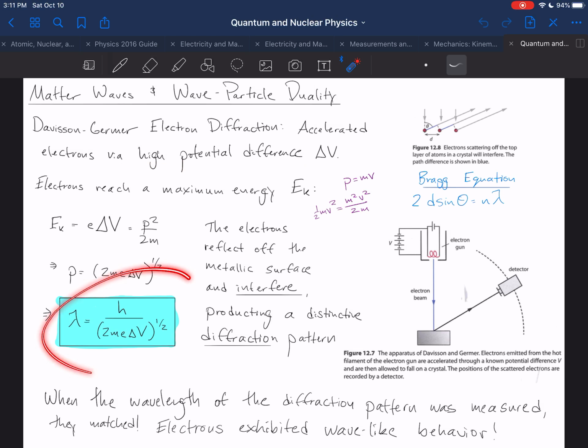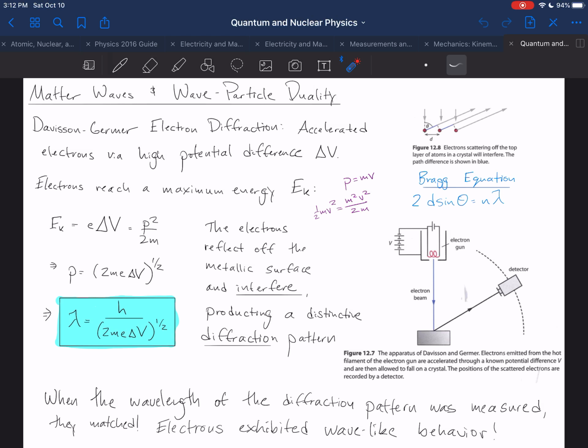You can then run it through the de Broglie hypothesis, and you discover that the wavelength that you measure with the Bragg equation is exactly the wavelength you would predict using the de Broglie hypothesis, knowing what the momentum of those electrons is. That is absolutely crazy. That is the smoking gun, and there is now incredibly good evidence for matter waves and for what the wavelength of those matter waves would be.